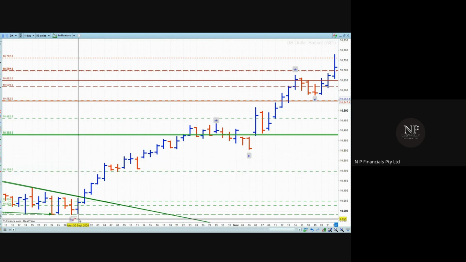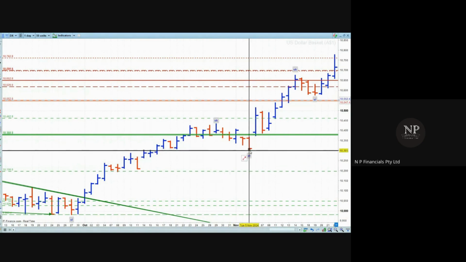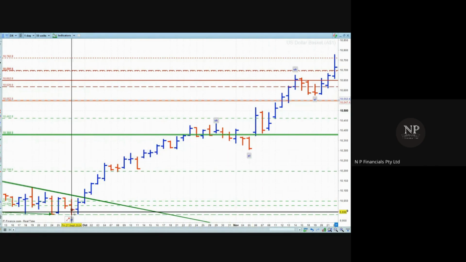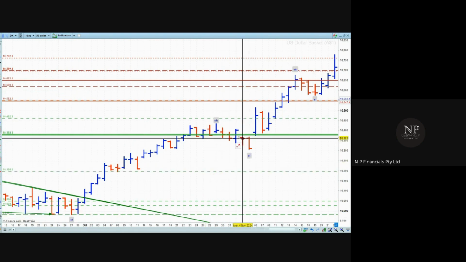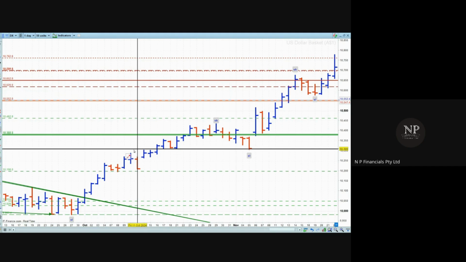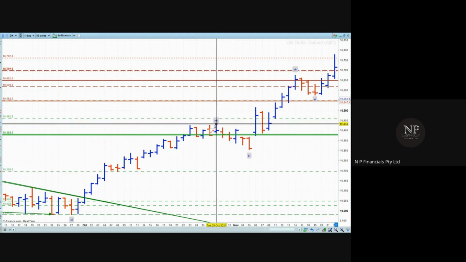So what do we need to do? We need to identify a swing low, and the second swing low must be higher than the first swing low, and there must be at least one swing high in between these two swing lows. There can be many, like 1, 2, 3, 4, but we'll go to the maximum one.